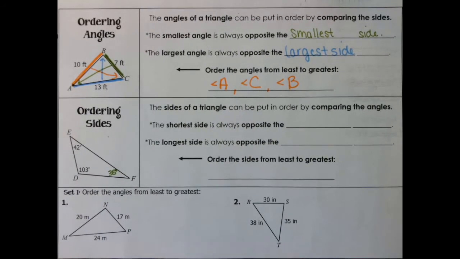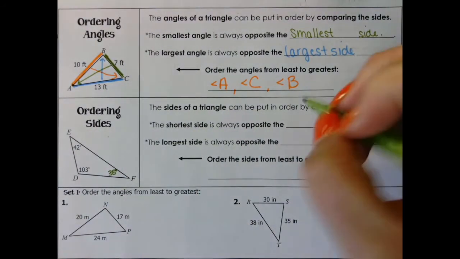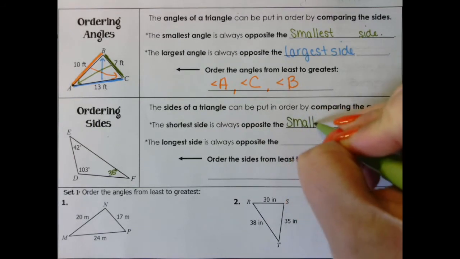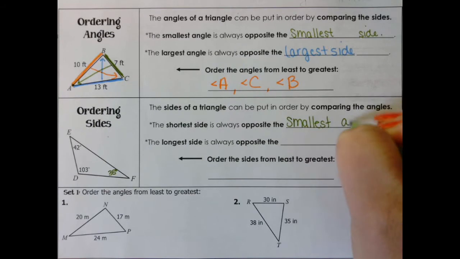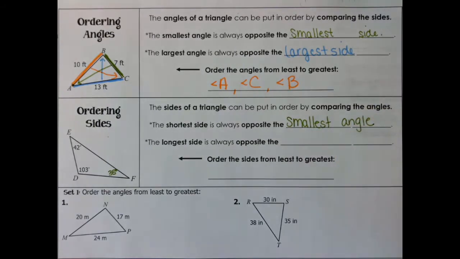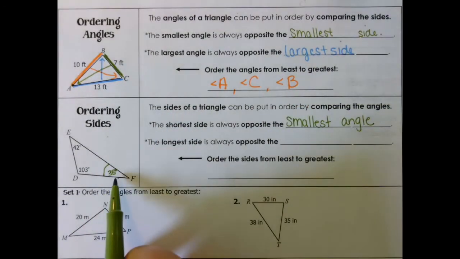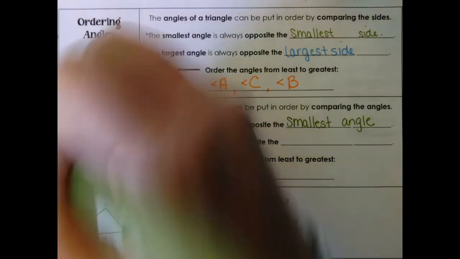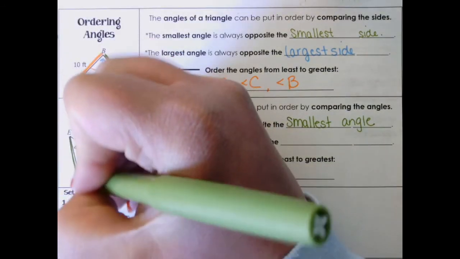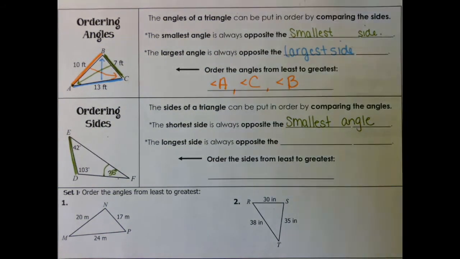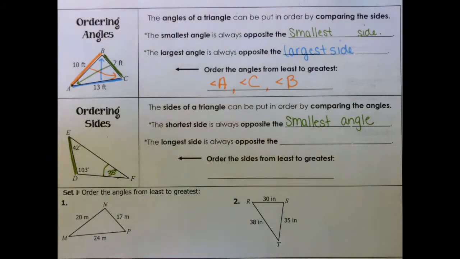Now, we know that the shortest side is always going to be opposite the smallest angle. So looking at my picture, angle F, 35 degrees, is going to be my smallest angle. So the side opposite of that angle, ED, is going to be my smallest side. I can then go on to do the opposite.